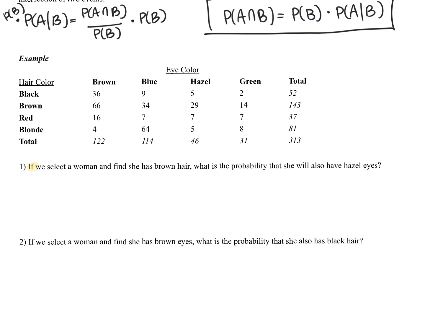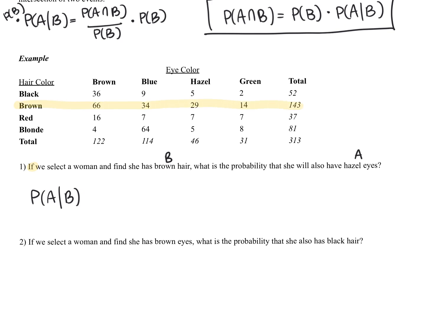So that tells me that brown hair is my event B. This is my event that has already occurred. What is the probability that she will have hazel eyes? That's my event A. Now that I know that I'm looking at only women with brown hair, I want to know how many of them have hazel eyes. So probability of A given B. So I've restricted it to my brown hair.